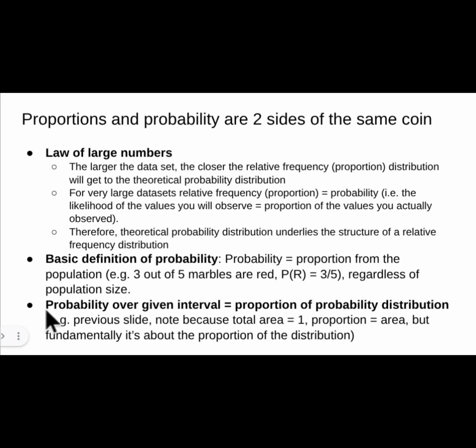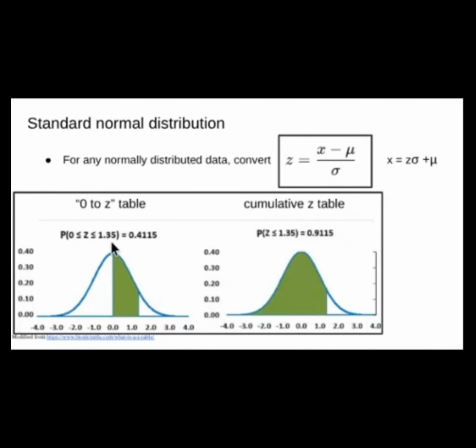The third way proportion and probability are two sides of the same coin is the same idea as the second way, and it's what we just saw in the previous slide, that the probability of an event falling within a certain interval is equal to the proportion of the distribution or the area in that interval.